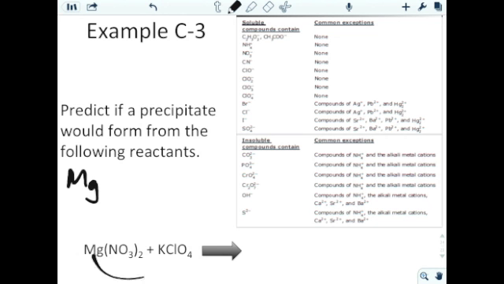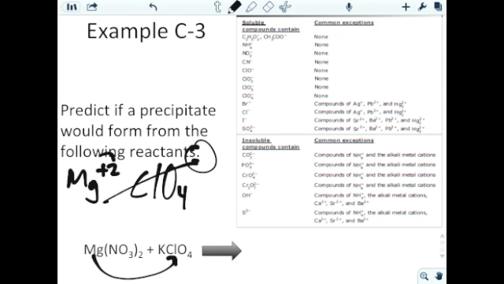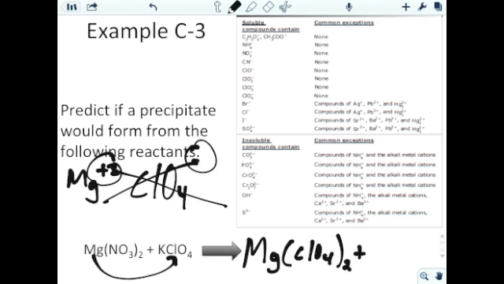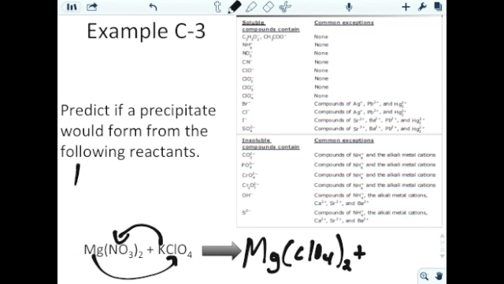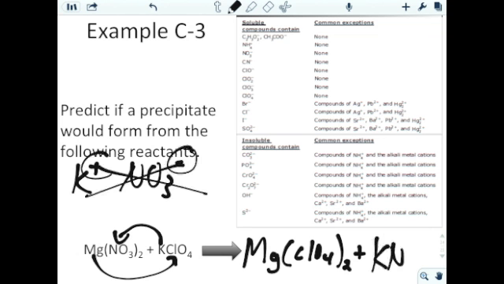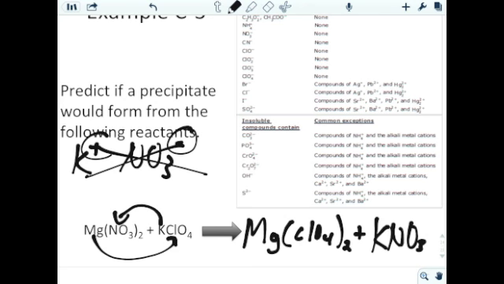Magnesium switches and now it's bonded to perchlorate, Mg +2, ClO4 -1, crisscross, and we get Mg(ClO4)2, plus the other possible product that we could have is now potassium. It's bonded to that nitrate, so K, which is +1, NO3, which is -1, crisscross, and we get KNO3.